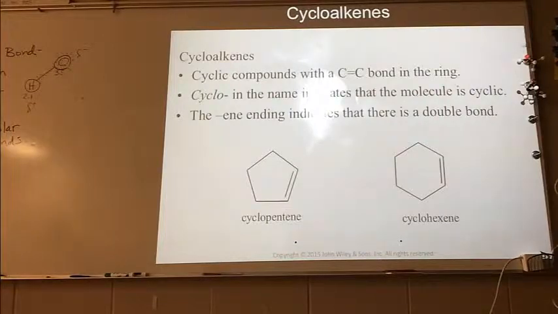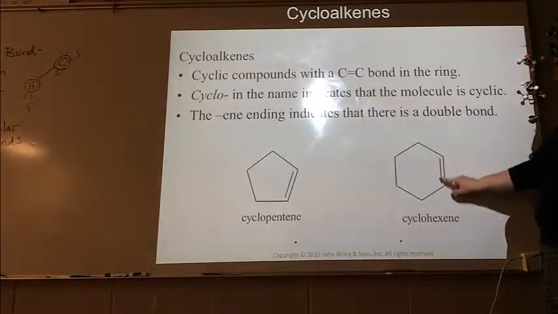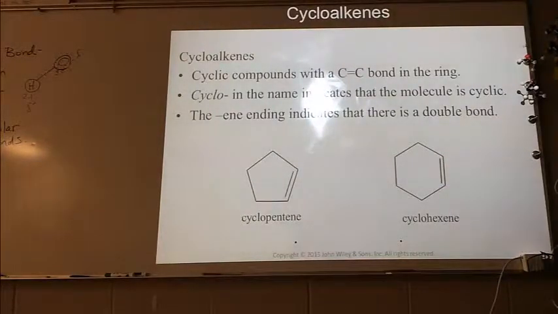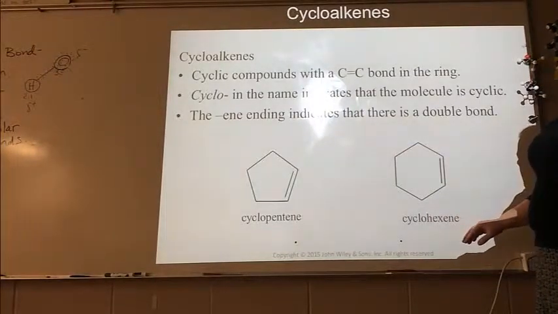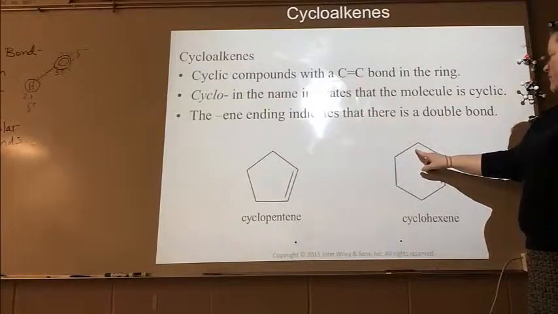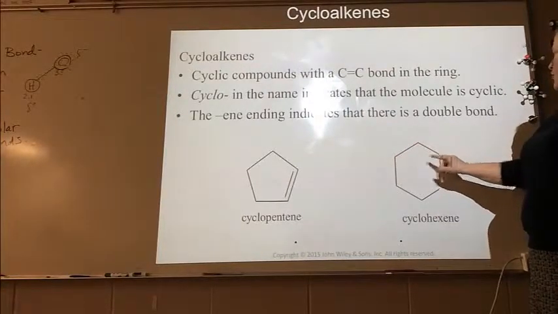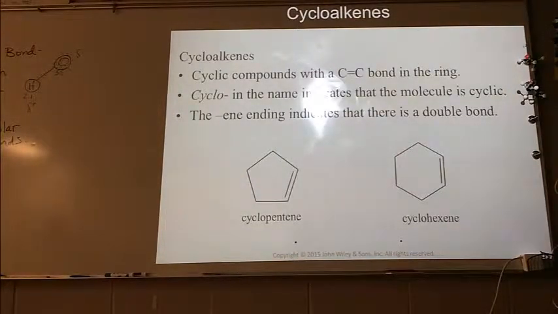The cycloalkenes are very similar to cycloalkanes. The ene indicates that there's a double bond. We have cyclopentene and cyclohexene. There are times that there may be two double bonds, and I think it would probably be called 1,3-cyclohexadiene.